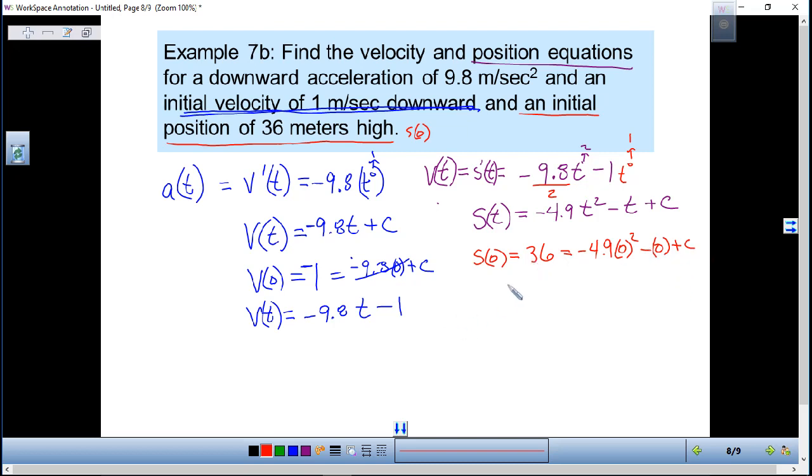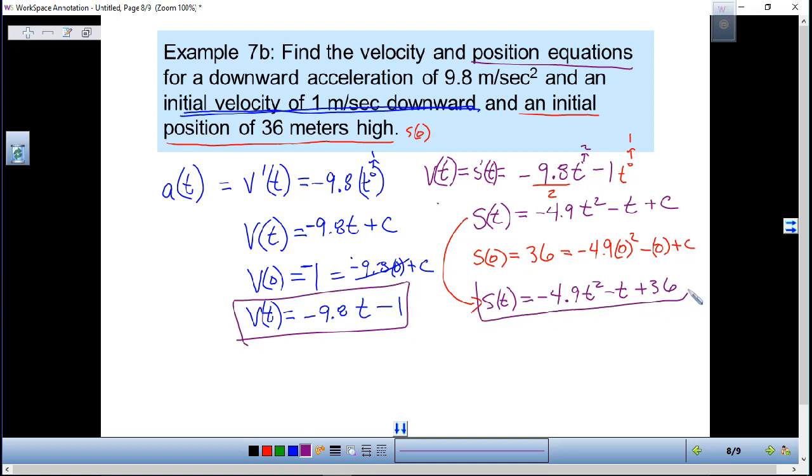So c is 36. That gives me this equation, solved for everything, s of t equals negative 4.9 t squared minus t plus 36. So there is my velocity function. There is my position function. And that's how you would find those.